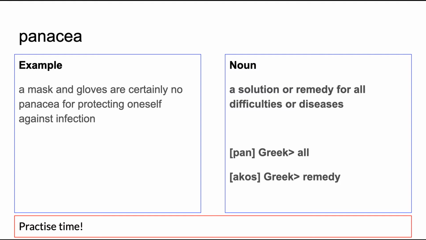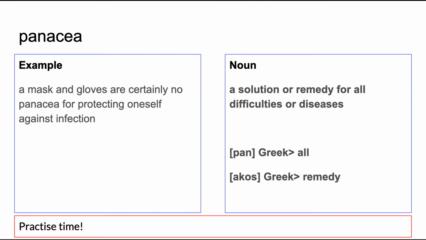This is drawing on the work of Isabel Beck in her book, the title escapes me, completely gone. Bringing Words to Life. That's the title, Bringing Words to Life. And she said, there's no point giving students vocabulary in a vacuum. It has to be in the context of something.